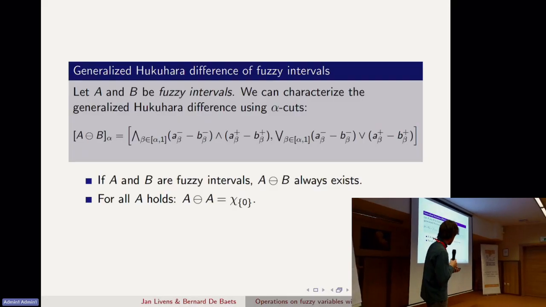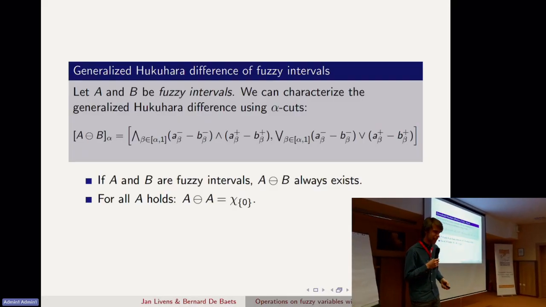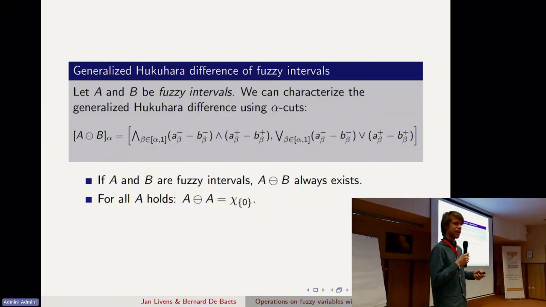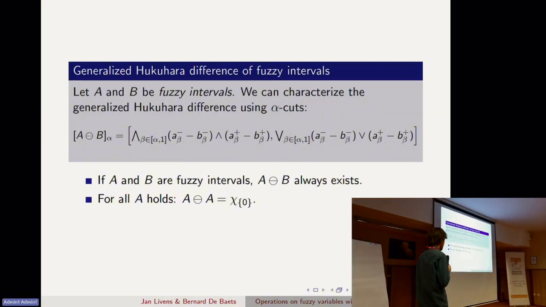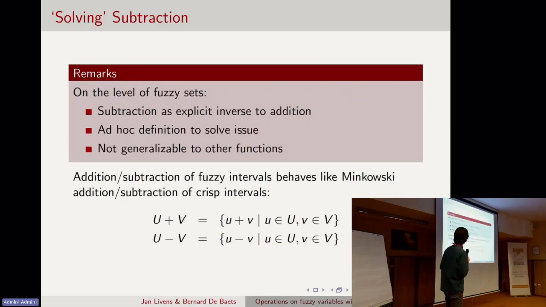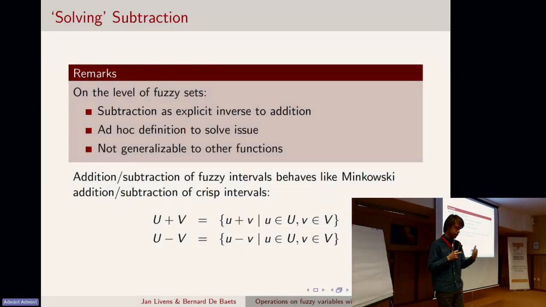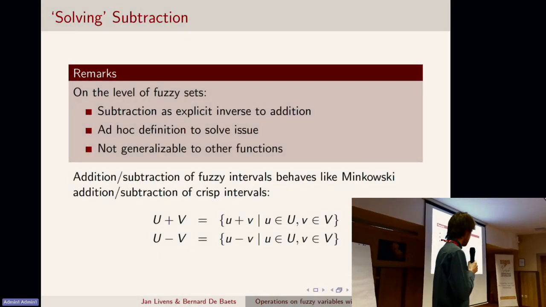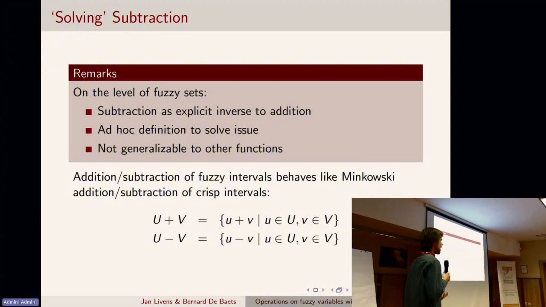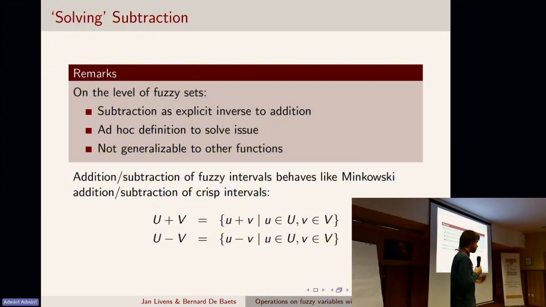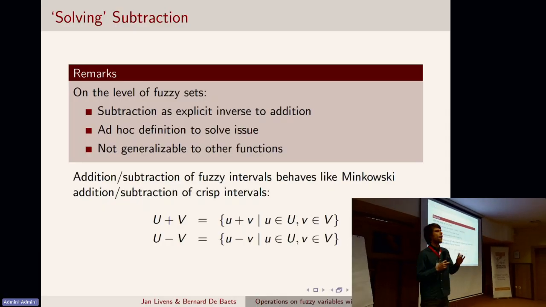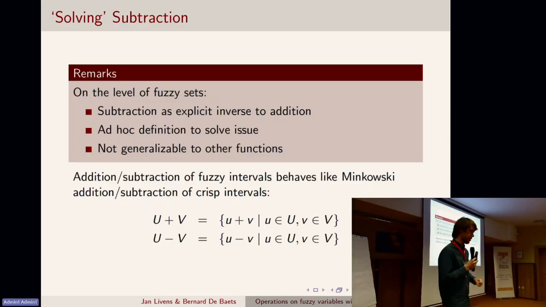So that leads us to the question, have we solved it? If we did, the talk would already be over, which isn't the case. There are a few remarks I want to make. We've now defined subtraction as a kind of explicit inverse to addition, but on the level of fuzzy sets.